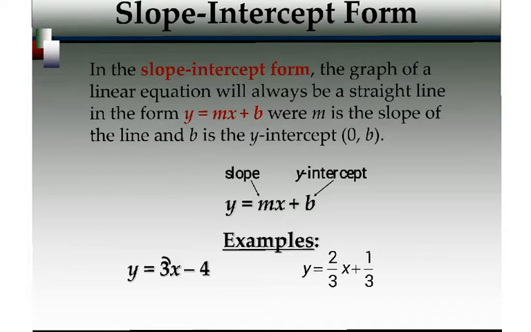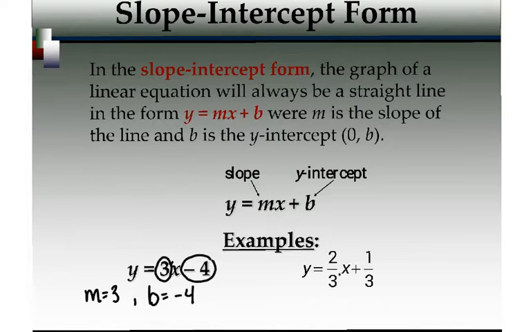The number that is being multiplied to your x value is always going to be your slope. And then the constant number that is out here, and you take the sign with it, whether it's positive or negative, that is your y-intercept. So b equals -4.